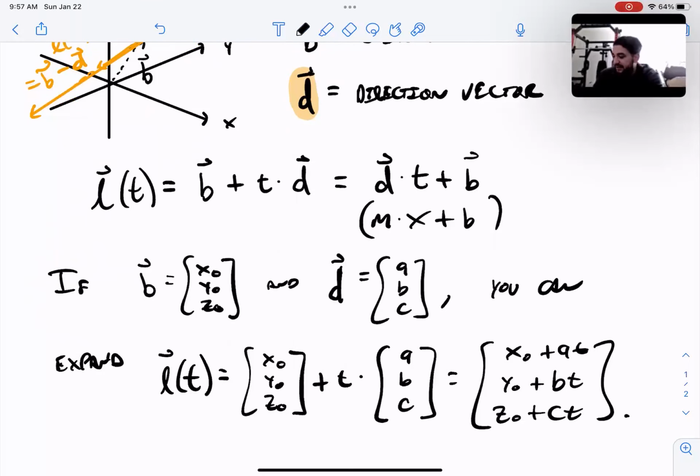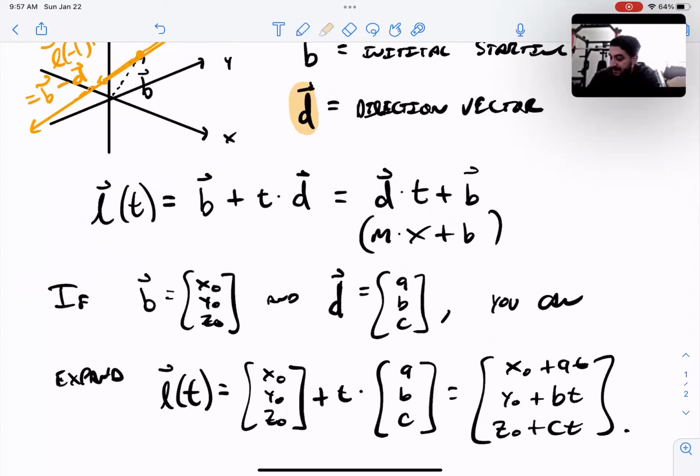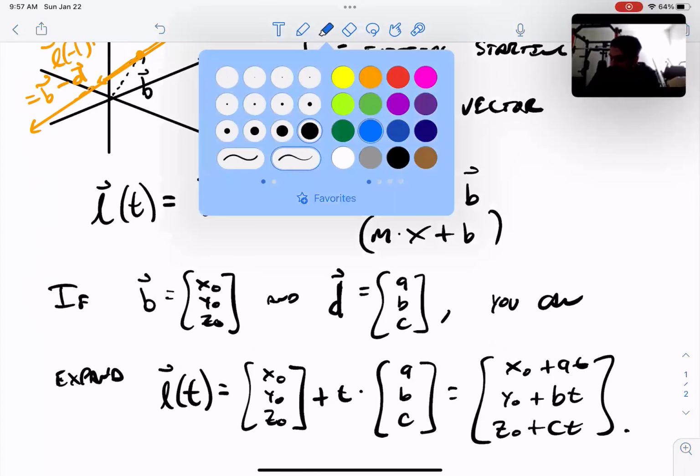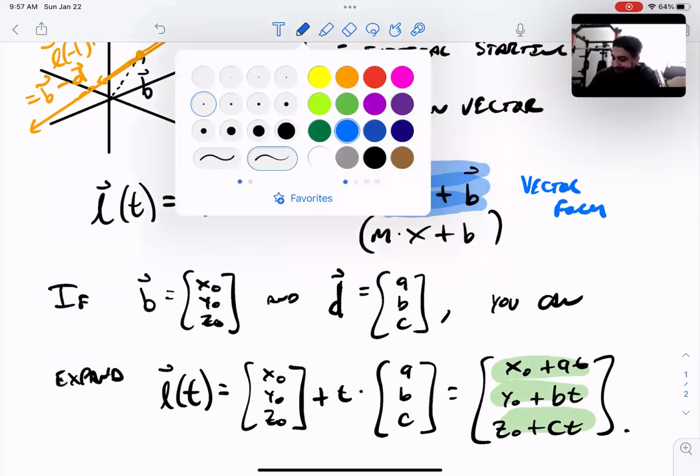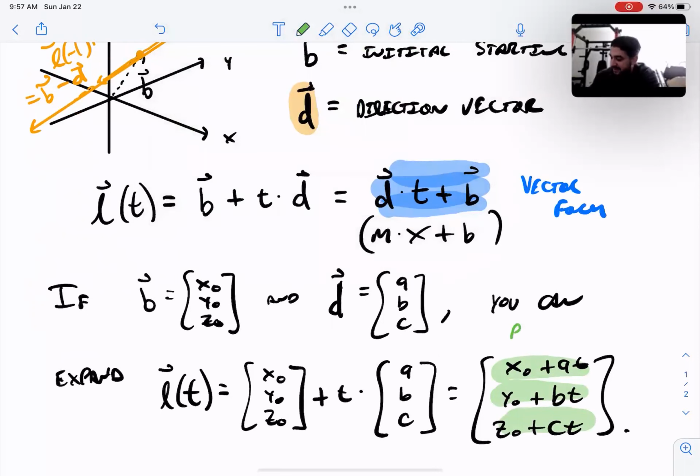So this is how I have it written up here. This is all compressed into a really tidy vector form, right? This down here is really the same formula, but this is sort of a parametric form.